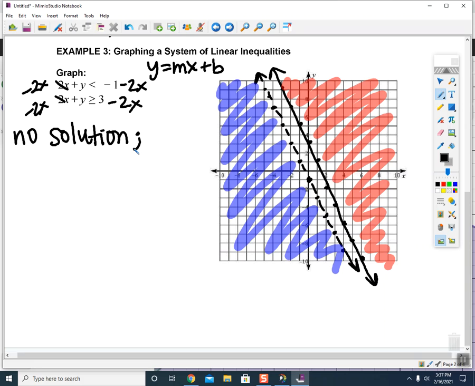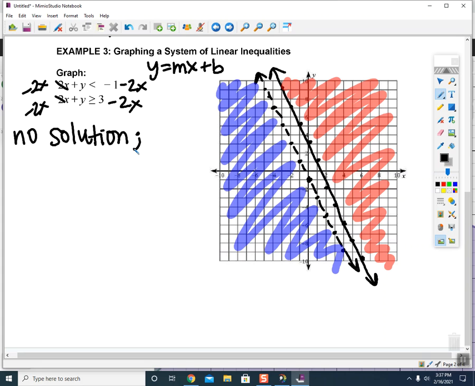So before now, when we have looked at parallel lines, we have just been able to kind of automatically assume that if lines are parallel, that there is no solution. But that is not the case anymore when it comes to inequalities.